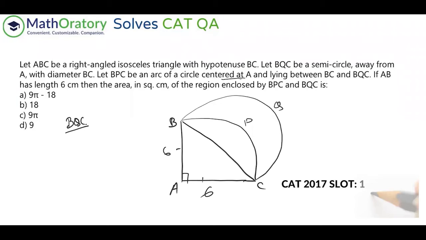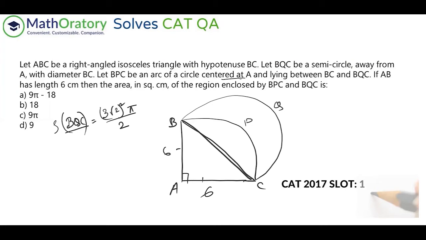The semicircle has 6√2 as the diameter, so the radius is 3√2. So the area will be (3√2) squared into pi by 2, because it's a semicircle. So pi r squared by 2.